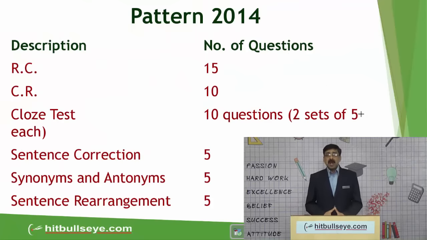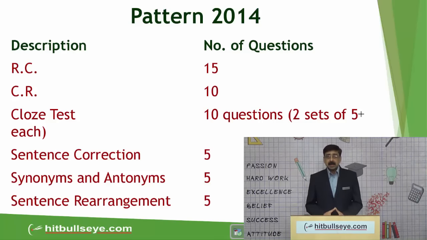Now if we look at the breakup of the 2014 Maharashtra CET verbal section, it had 1 RC with 15 questions, critical reasoning 10 questions, closed test, fill in the blanks in the form of paragraph based questions, 10, sentence correction 5, synonyms and antonyms 5, and sentence rearrangement questions 5.